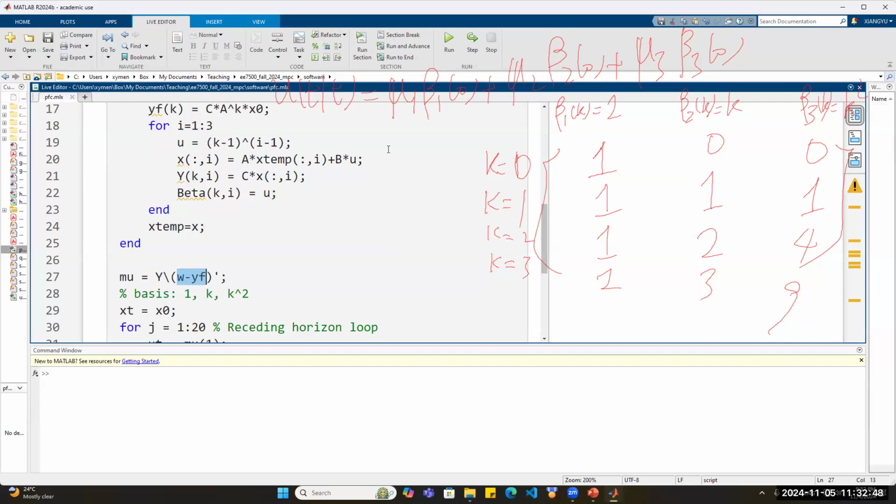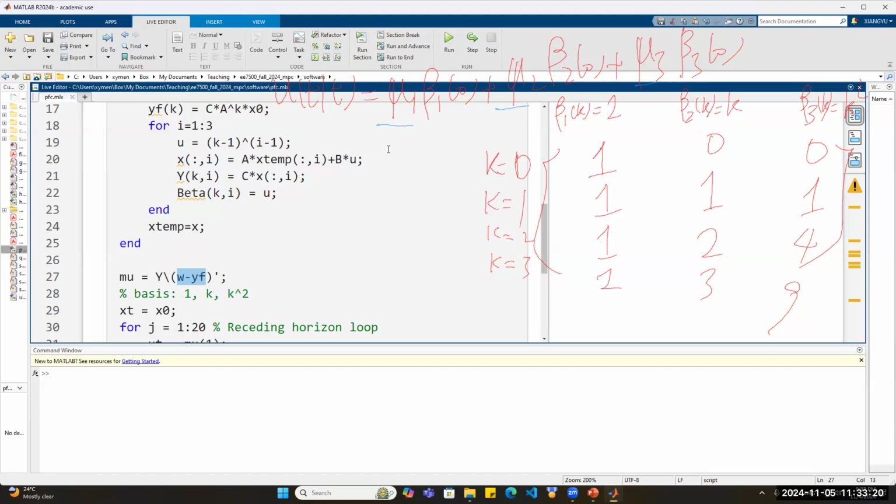Then for the forced response, we only need to calculate the response of the system for the basis function. Then it will be scaled by mu 1, mu 2, and mu 3.